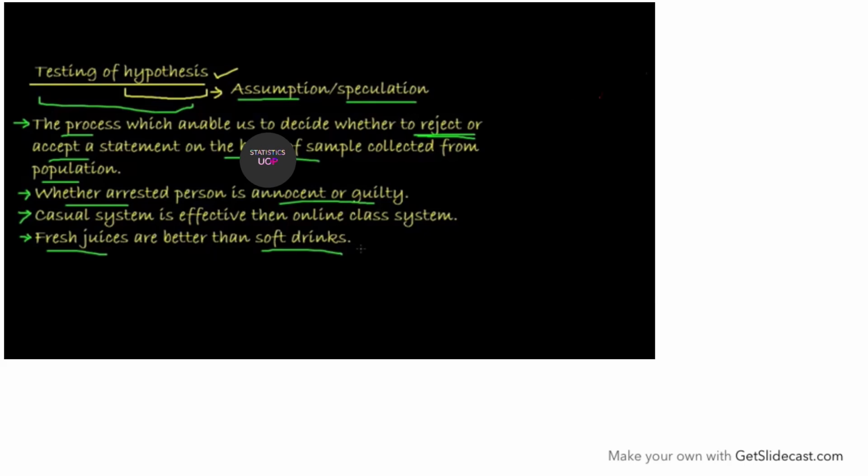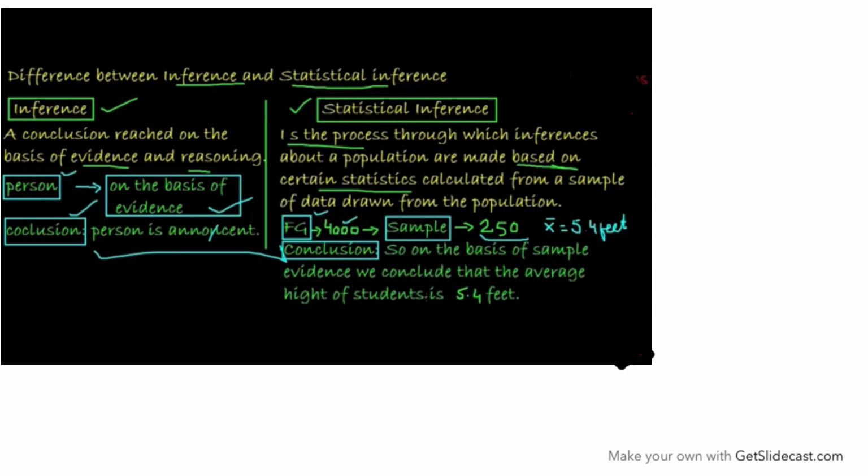It is a process which enables us to decide whether to reject or accept a statement on the basis of a sample collected from a population, like whether an arrested person is innocent or guilty. So this is what it's all about.